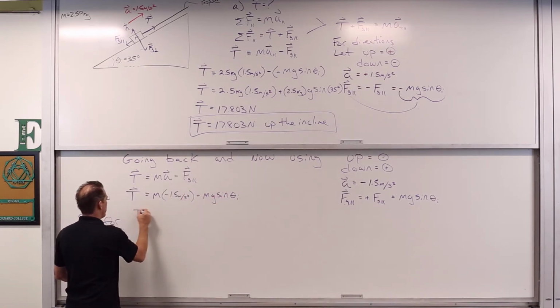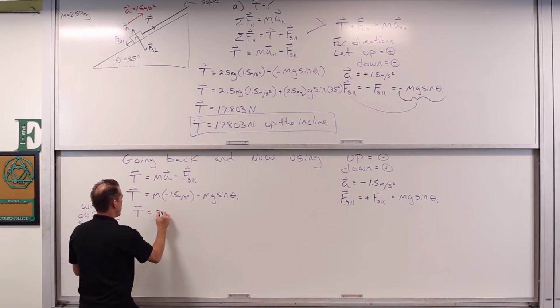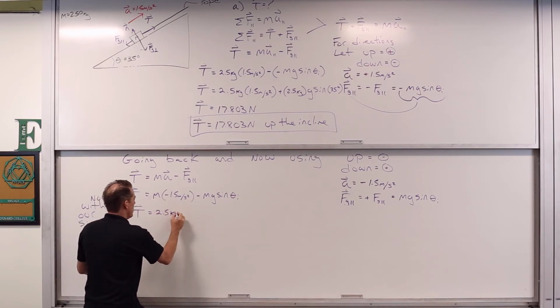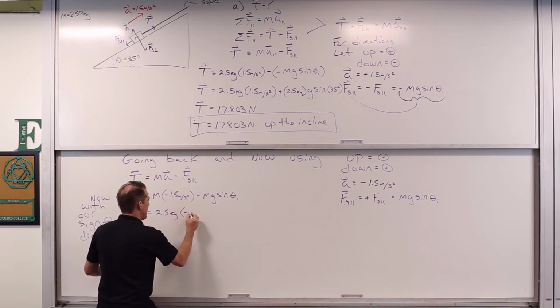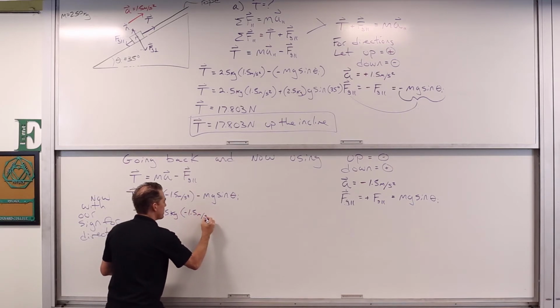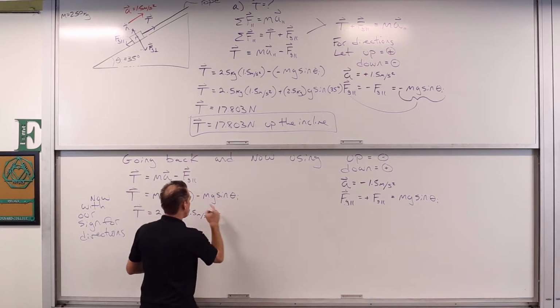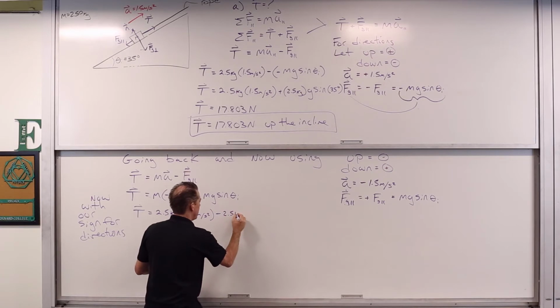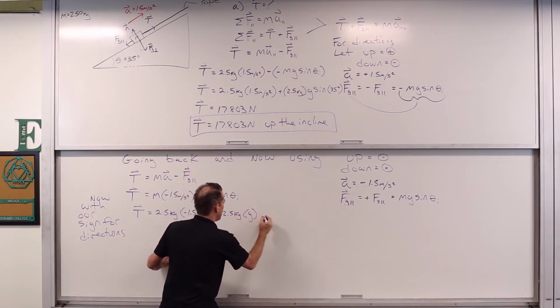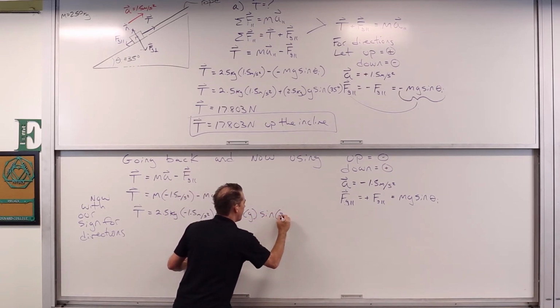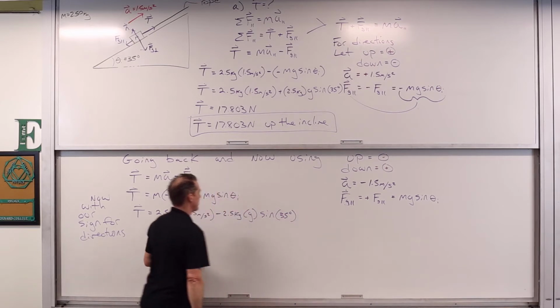Let's put in all our quantities here. T hat is equal to 2.5 kilograms multiplied by negative 1.5 meters per second squared minus 2.5 kilograms times g times the sine of 35 degrees.